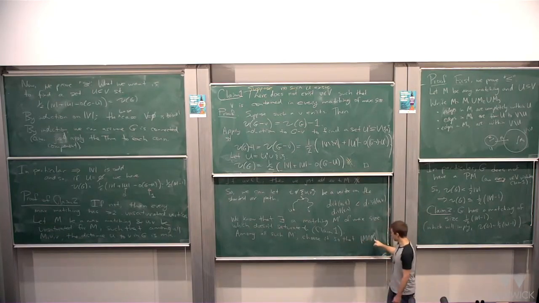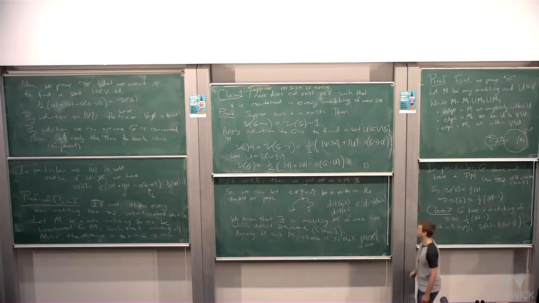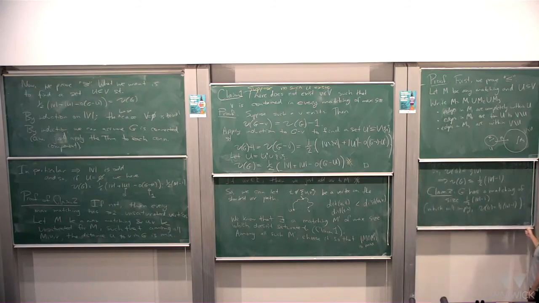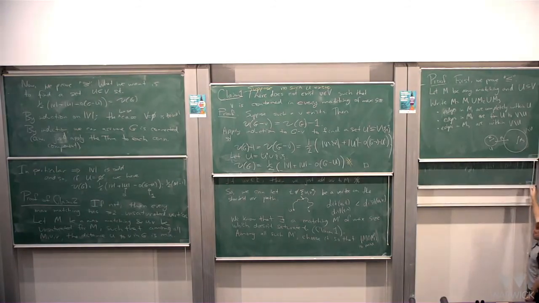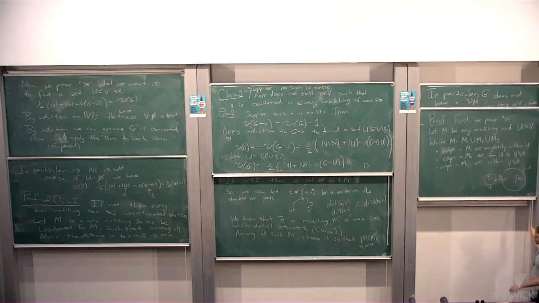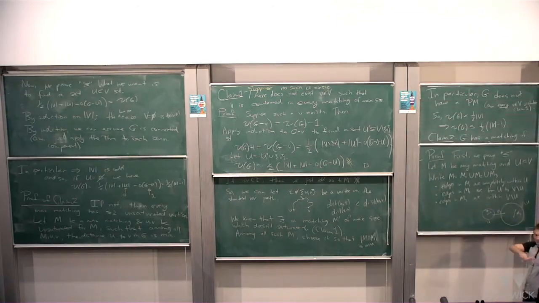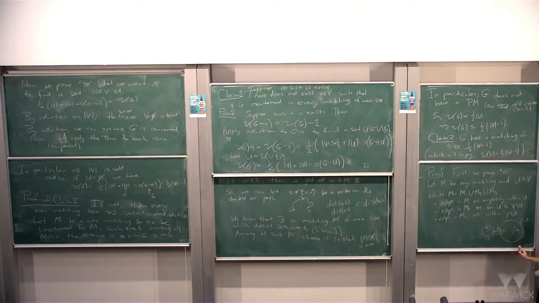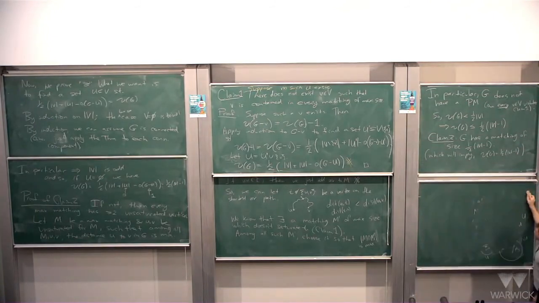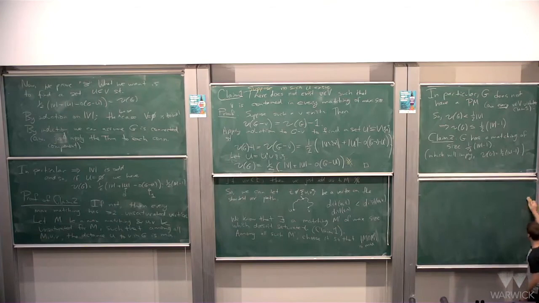So the intersection between M and M prime is maximum. So it seems we're doing a lot of choosing this so that this is minimum, this is maximum, etc. But it all comes in very handy at the end.